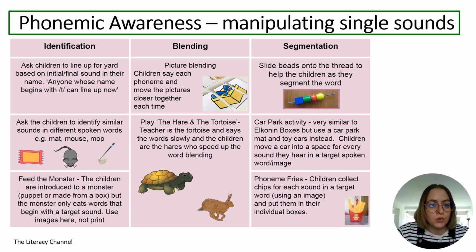There's the hare and the tortoise, so the teacher can be the tortoise and the children are the hares, and they have to speed up the blending. And lastly, segmentation. Beads are really useful to represent segments of words, or cars in a car park, any type of visual that the child has an interest in, and then you just move the toy for every sound that they hear in the word.